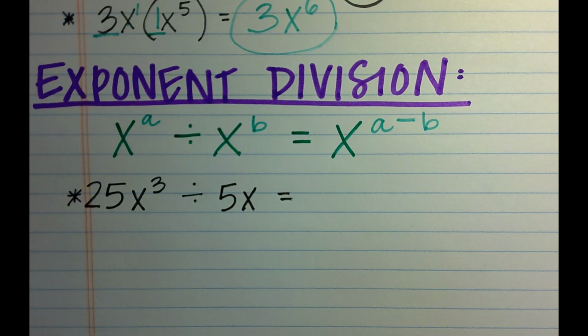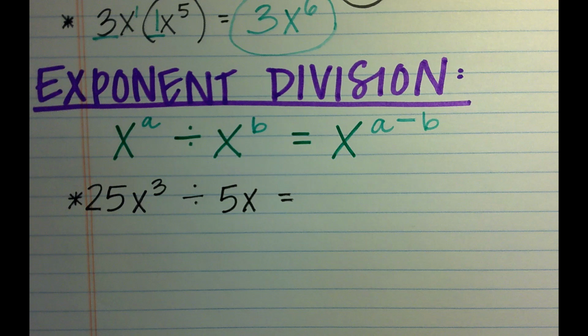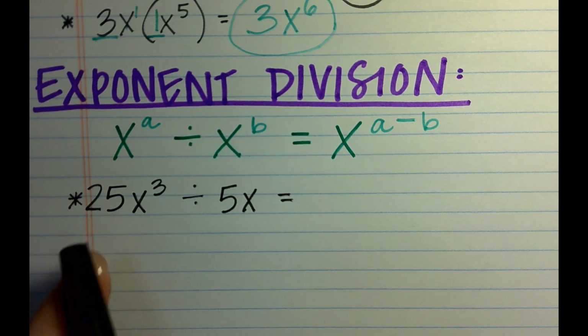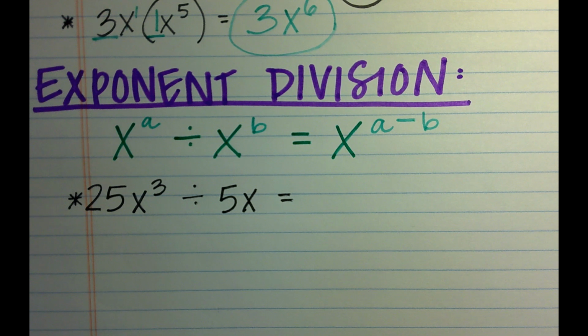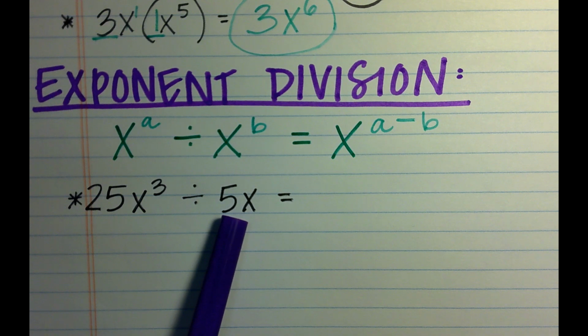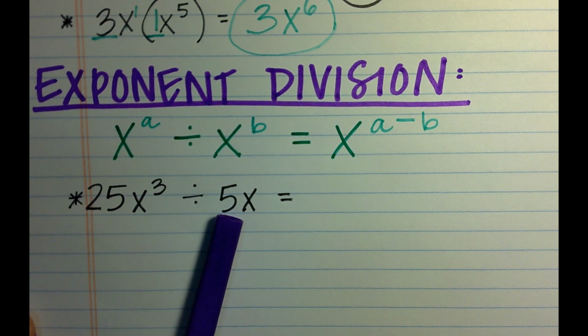So now I've given you a problem that has two terms. And in each of these here, we have a coefficient and an exponent and a variable. Oh my goodness, a lot going on here. What should I do first? Yes, I heard a bunch of people say it. You all are correct. We're going to do 25 divided by 5 first. Let's mess with our coefficients first, always.